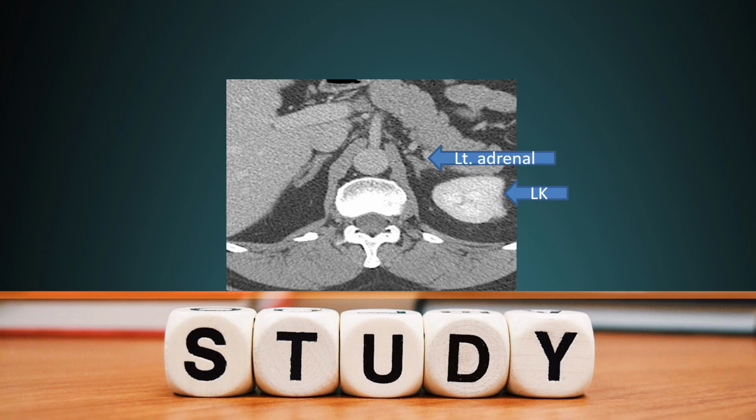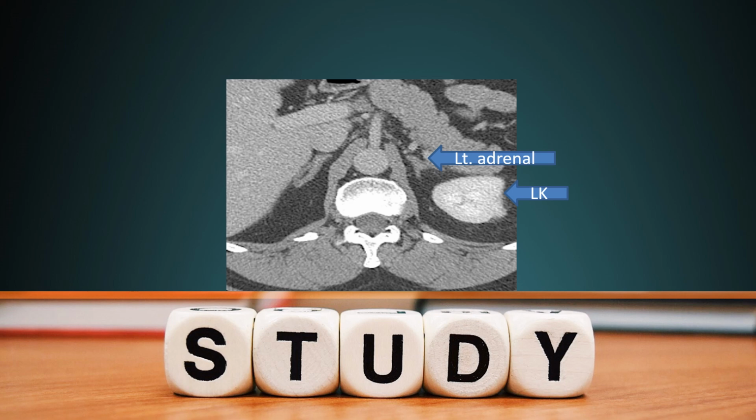On this axial CT cut of the abdomen, we can notice that the left adrenal gland has anterior and medial relation compared with the upper pole of the left kidney.